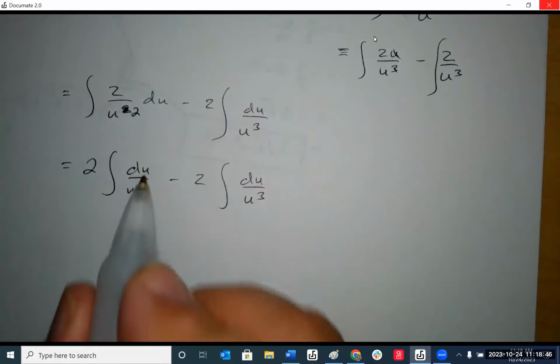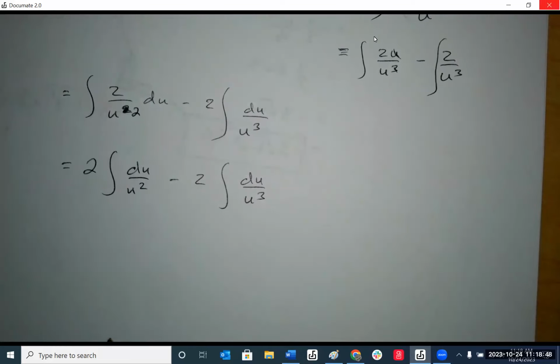Why would this method not work? Remember, I said trial and error, right? Why would this not work?